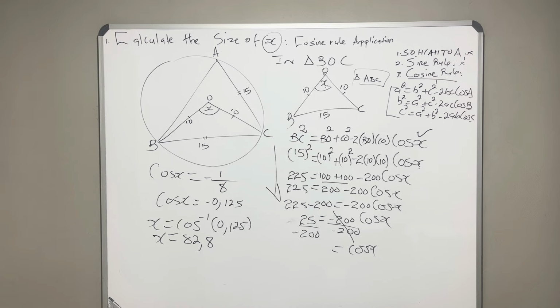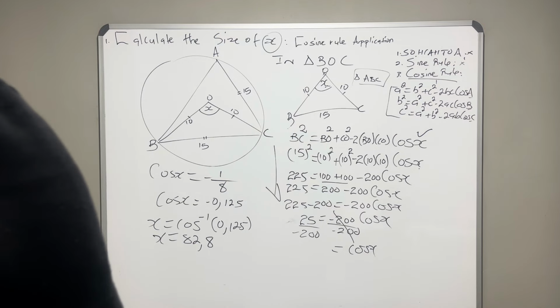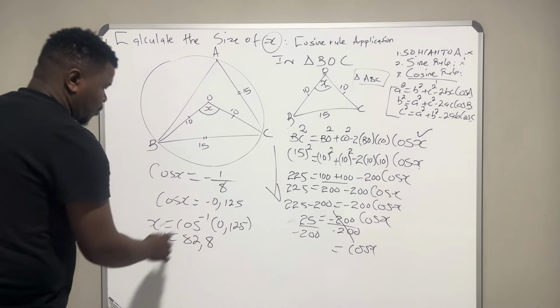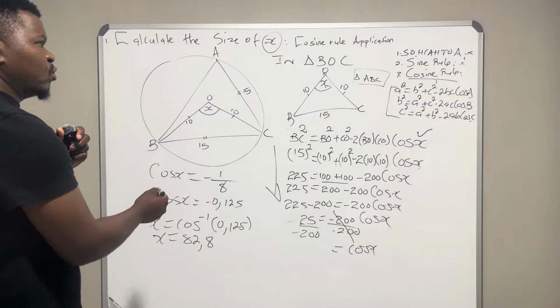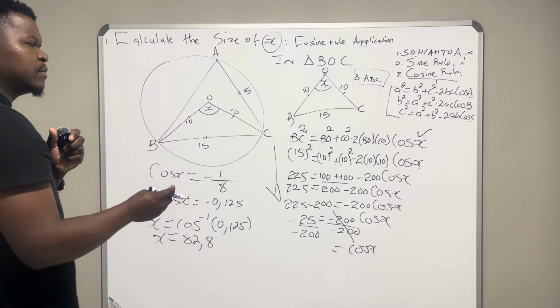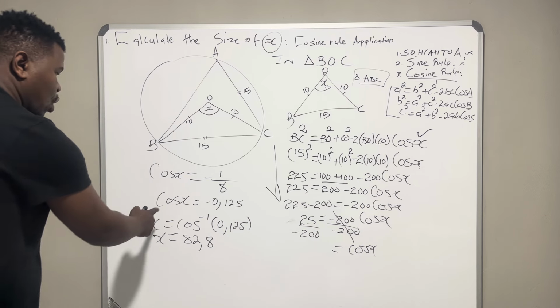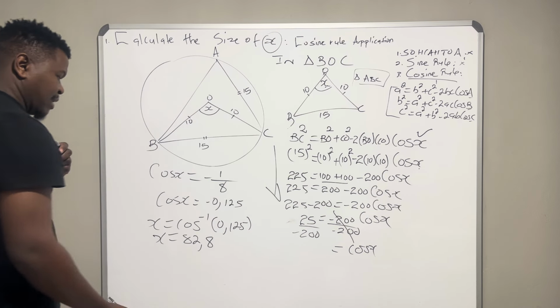Now, you can ask yourself, what happened? We ignored the negative at first, so we cannot just end there. We ignored the negative, but what does this mean? This takes us back to general equations under trigonometry. Cos is negative in the second quadrant.